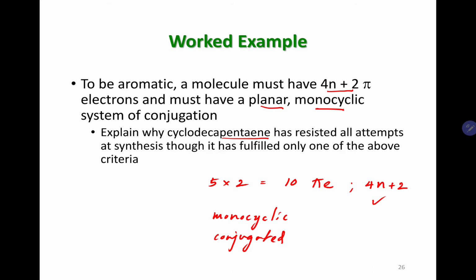So if it is this reactive, for some reason it must be not aromatic. The only other remaining thing that needs to be achieved is being planar, and it seems like cyclodecapentaene is not planar.